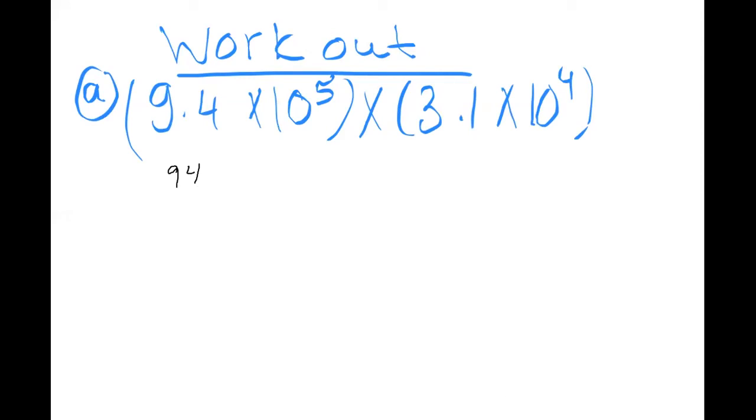Yes, first we write it in expanded form. Yes, 9, 4, and 4 zeros.